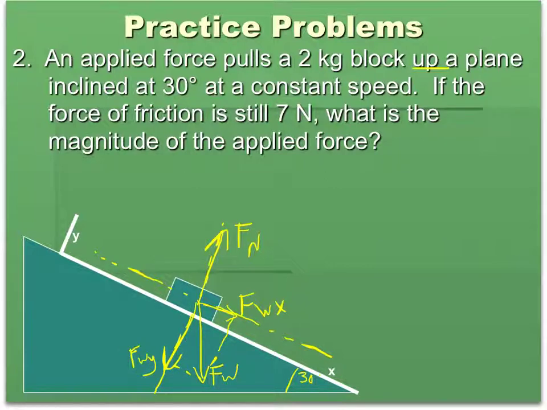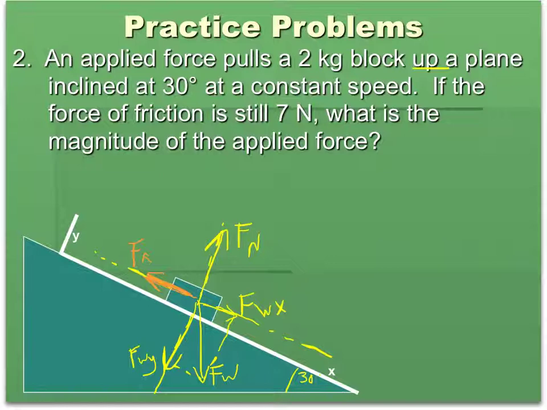Okay, there we go. But now I know that there's an applied force on this problem, and that applied force is pulling the block up the plane, and so I know my applied force has to be in that direction.